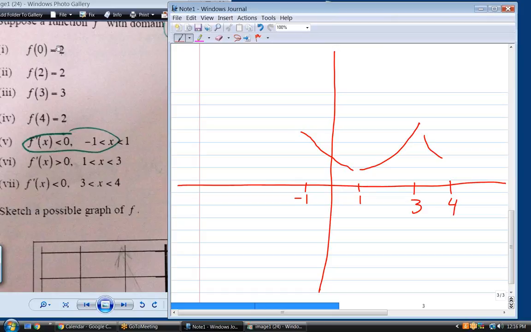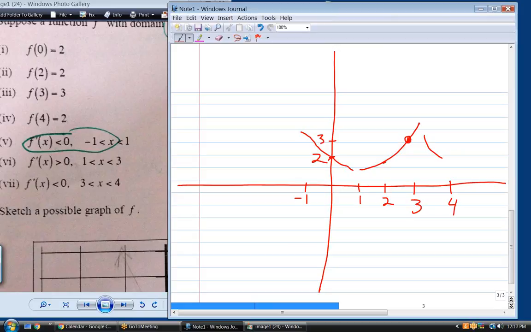Now, let's look at these. F of 0 equals 2. Well, the way I drew it, that's correct. F of 2 equals 2. Well, the way I drew it happens to be pretty close to correct also. And I was just randomly drawing those lines. F of 3 equals 3 happens to be fairly correct also.